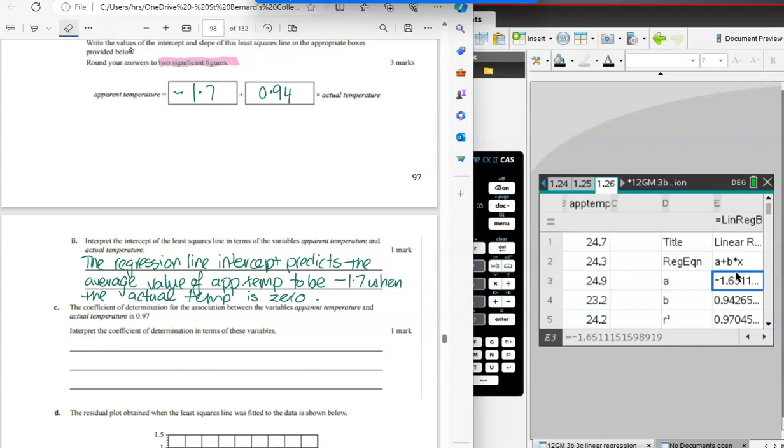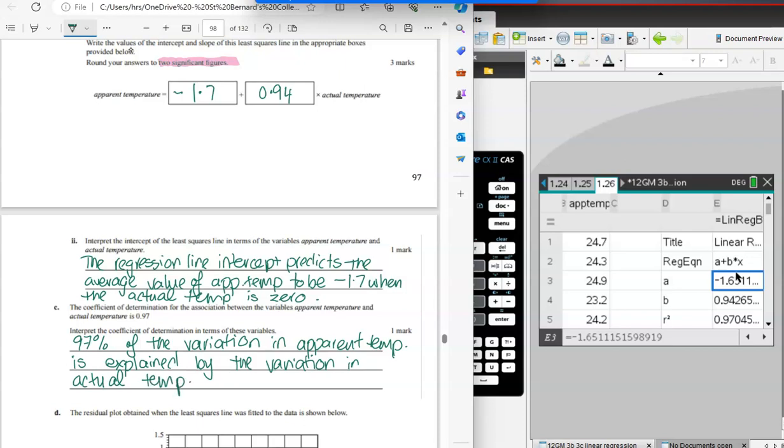So it's 0.97, so I'm going to say 97% of the variation in apparent temperature is explained by the variation in actual temperature. Okay, so as long as you've got that, you're good.